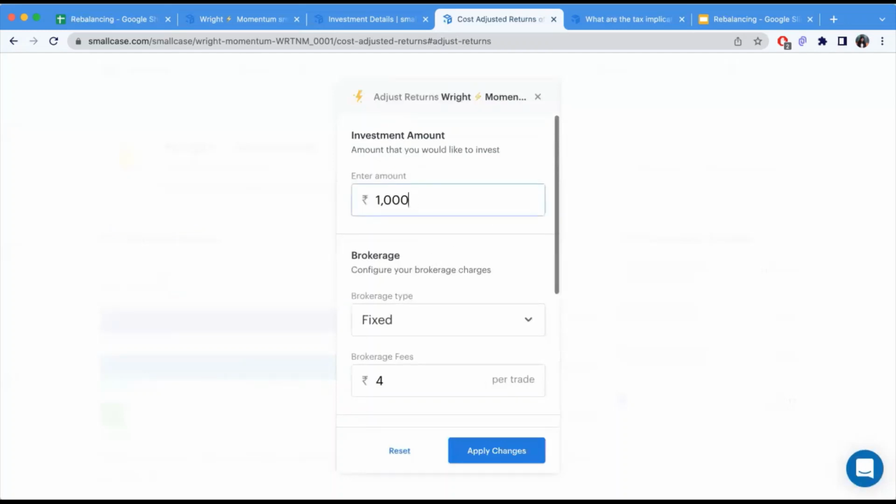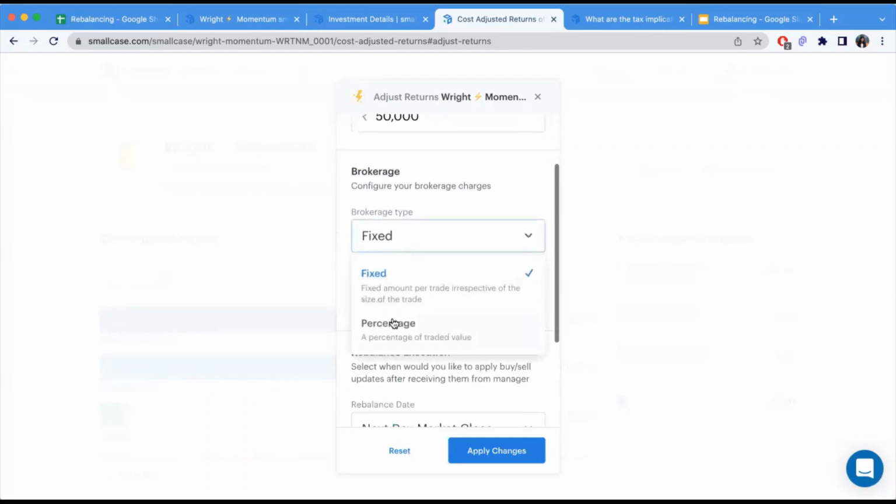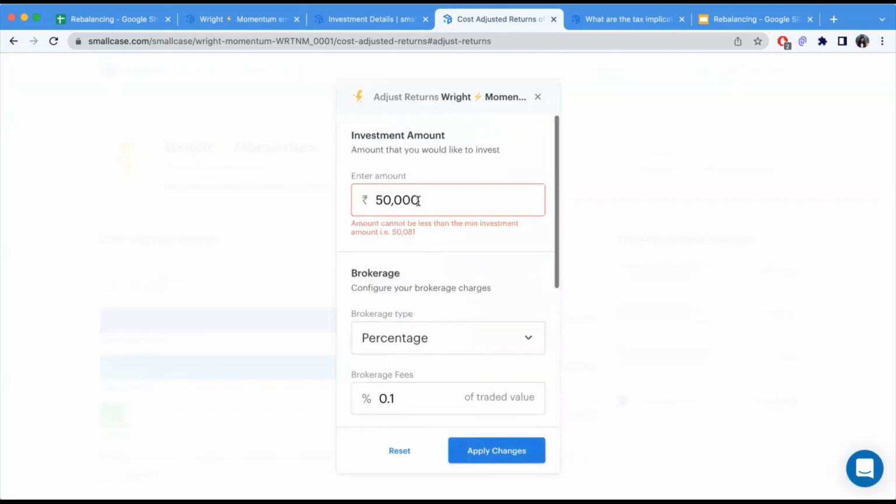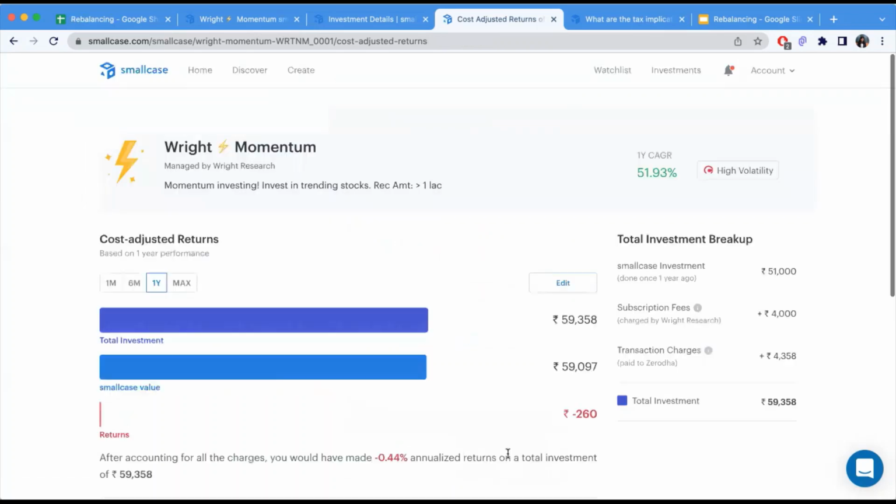Let's say you didn't invest 1 lakh, you invested 50,000. You can apply all these changes. Say my percentage was not 0, it was 0.1%. I apply all these changes, and it will show me what we would have in the performance.